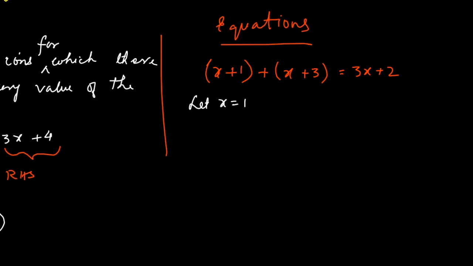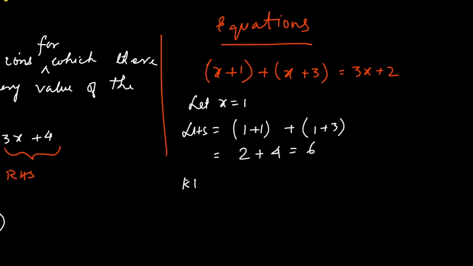So let us substitute the value of x equal to 1, and for LHS, left hand side, we get 1 plus 1 plus 1 plus 3 equal to 2 plus 4 equal to 6. Now similarly RHS, right hand side, equal to 3 into 1 plus 2 equal to 3 plus 2, 5.